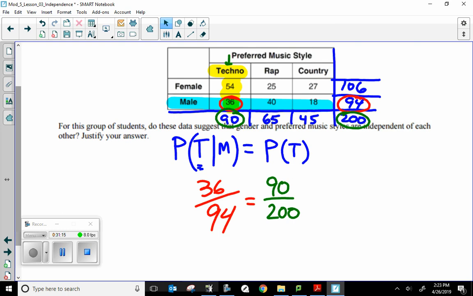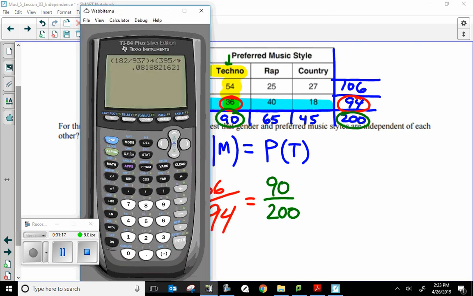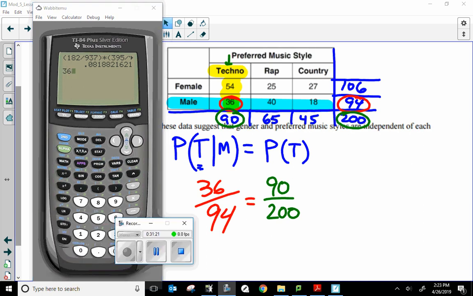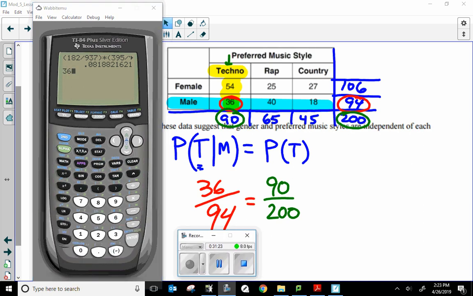Let's put those in the calculator and see if they're the same or not. 36 divided by 94 gives me 0.38. Well, I know for a fact that's not what 90 over 200 is going to be. It should be, I think, 0.45, but let's do it anyways. 90 divided by 200, 0.45.